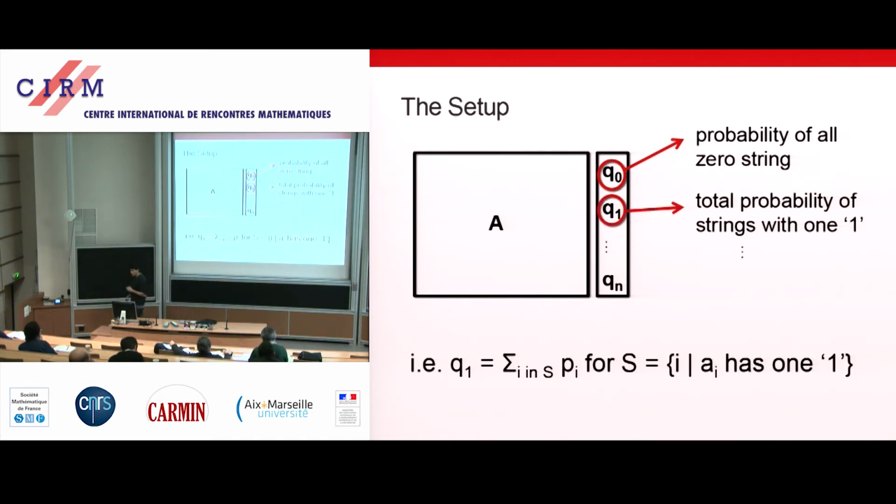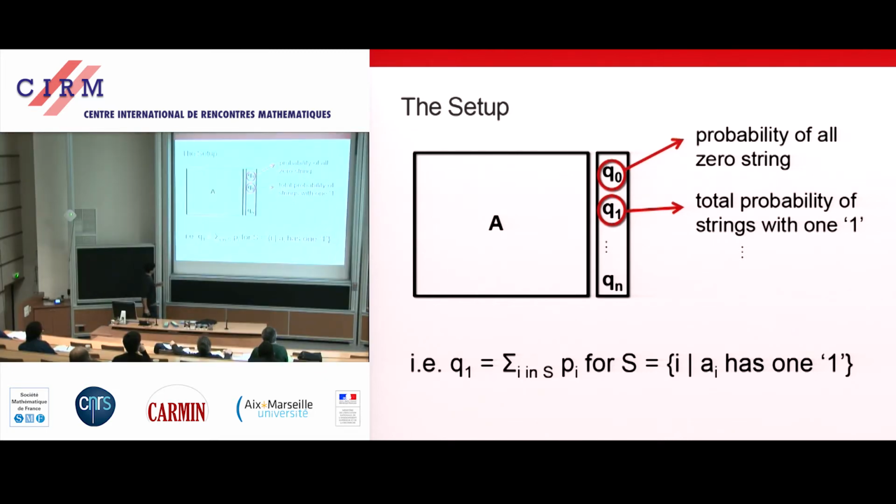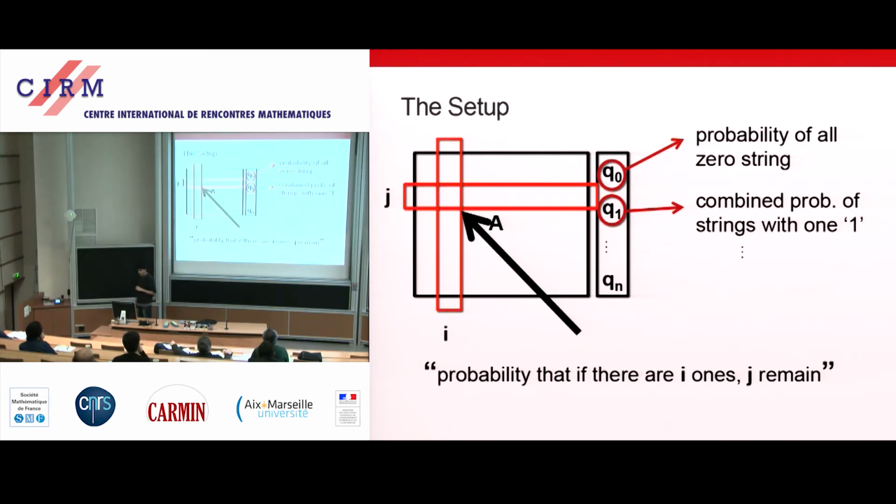Q1 is actually going to be the total probability of all strings with exactly one 1. So I'm actually going to ignore which coordinates go where and still be able to solve this problem. So this is the total sum of all the p_i's where a_i has exactly one 1. And similarly for all the others.